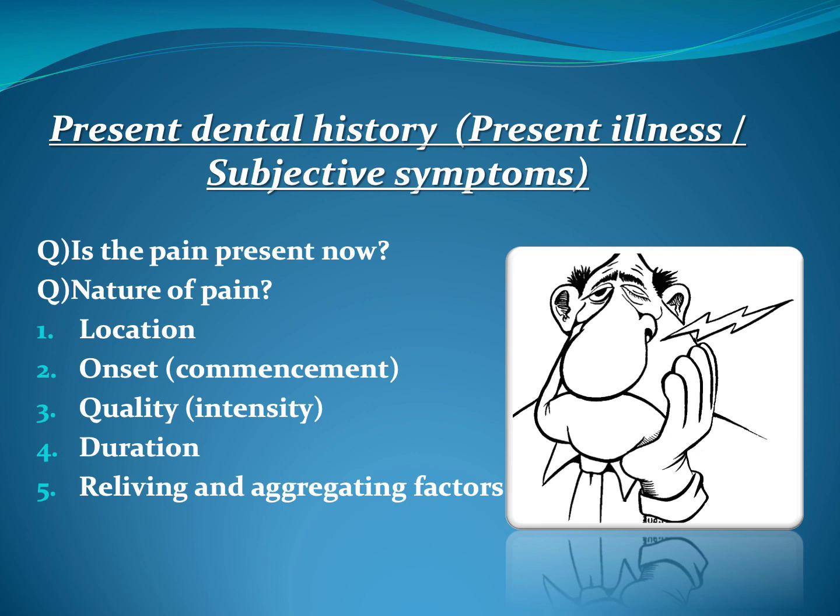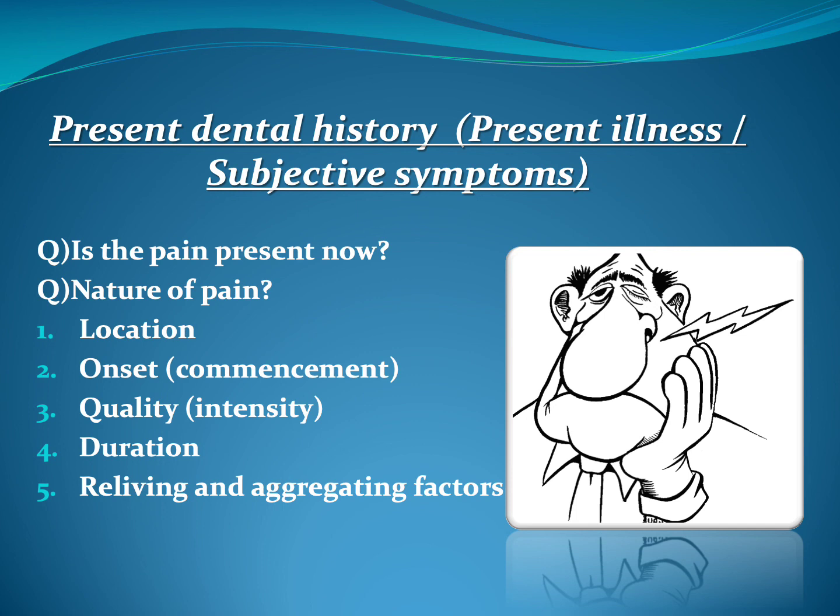Some patients come to you and say, I had pain since 2 days ago, and I took an analgesic, and I don't have pain now. Others say, I took antibiotics, I took analgesics, and the pain doesn't relieve yet. So first, we have to know whether, at the moment, he has any pain or not.